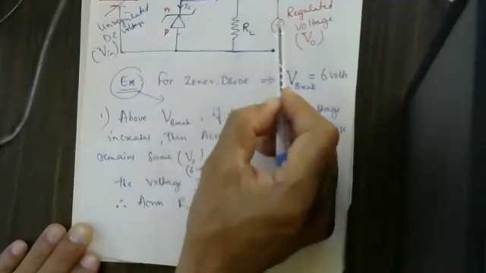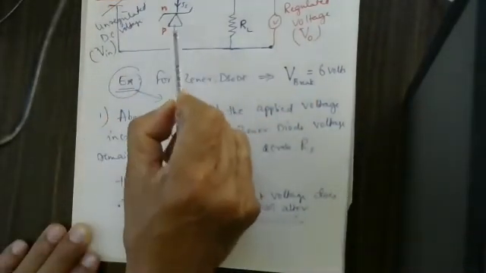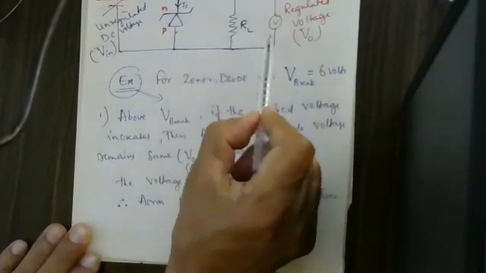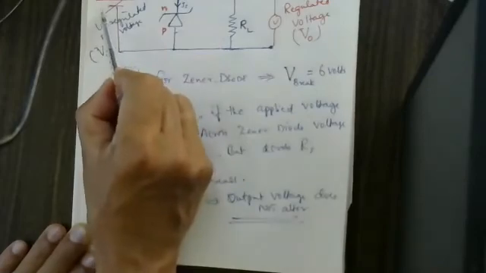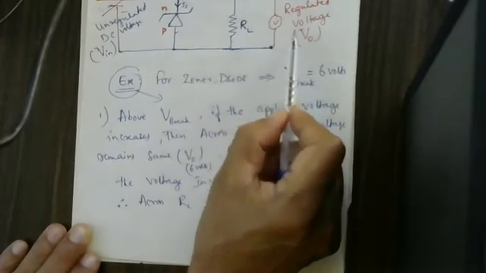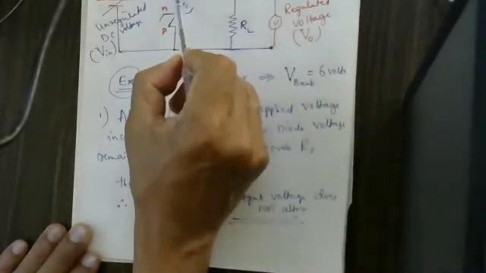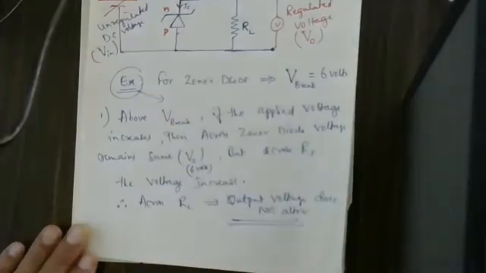Here it is 6 volts, here it is 6 volts. If you apply 15 volts, here it is 6 volts, here it is 6 volts, here it is 6 volts, but here 9 volts. If you apply 20 volts, here it is 6 volts, here also 6 volts, but 14 volts is present here. Extra voltage will be taken up by this RS.